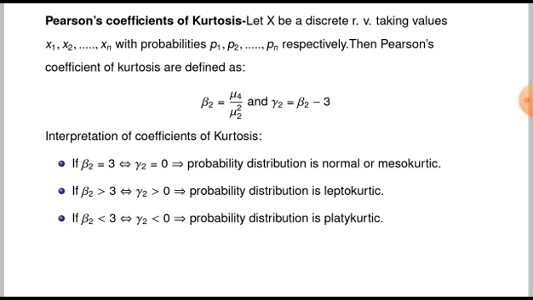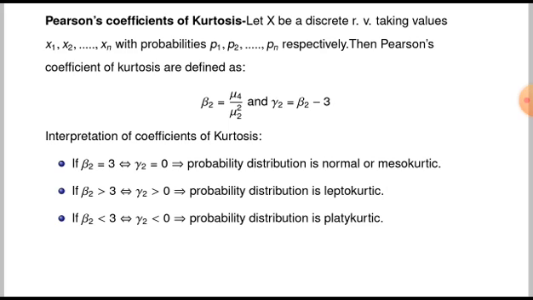So these are the four coefficients. For any given probability distribution we can compute their values and we can interpret the results. In subsequent lectures we will see how to obtain these coefficients for a given probability distribution.